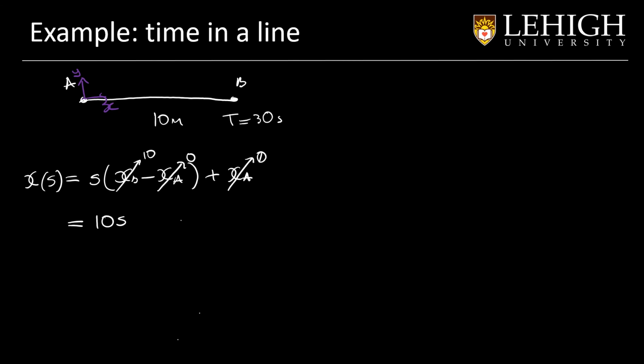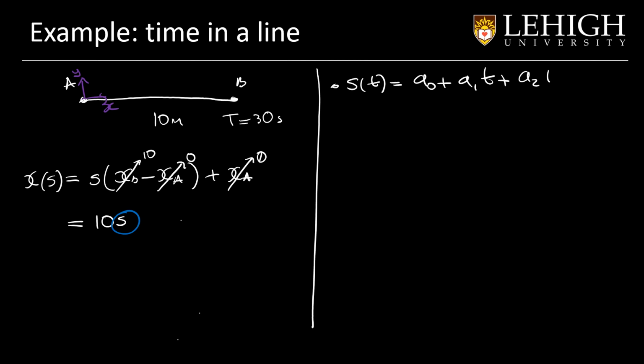Now we need to study the function s. For that, what we learned before is that we can describe this function by a polynomial, and this polynomial can be processed using some initial conditions to obtain the unknown parameters.